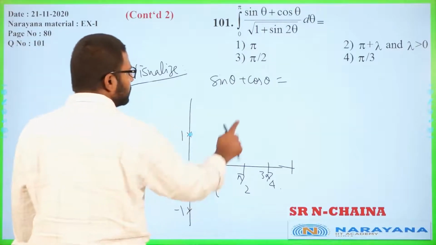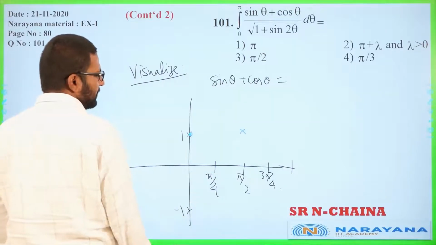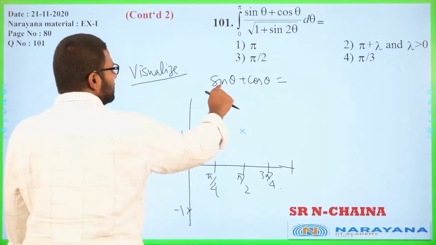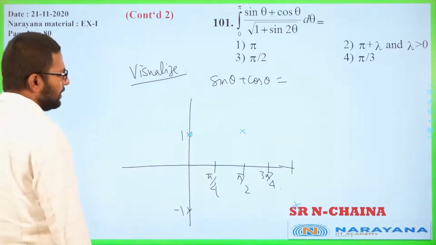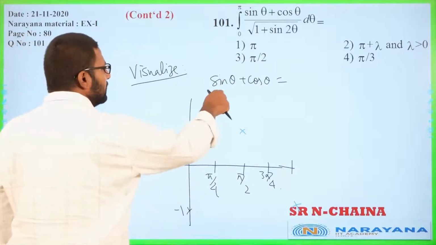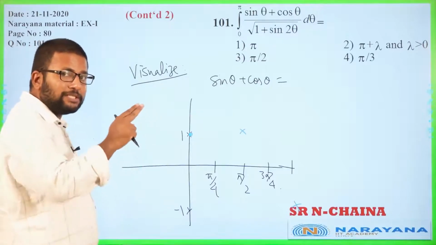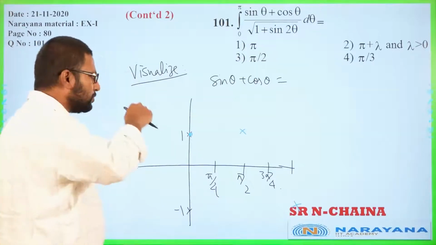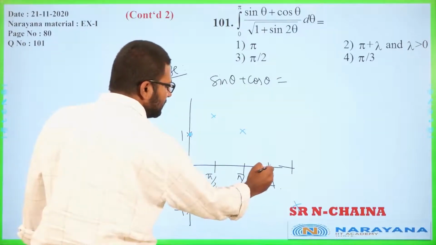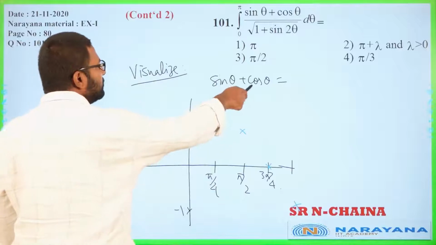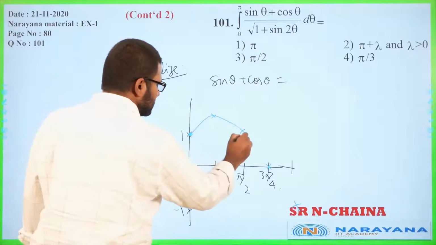Then at pi by 2, the graph is here. And at pi, it is 0 minus 1, all the way there. What about pi by 4? At pi by 4 it is 1 by root 2 plus 1 by root 2, total 2 by root 2, which means root 2, slightly above 1. And at 3 pi by 4 it is 0, because this is 1 by root 2, this is minus 1 by root 2. So then you will realize the graph moves like this.